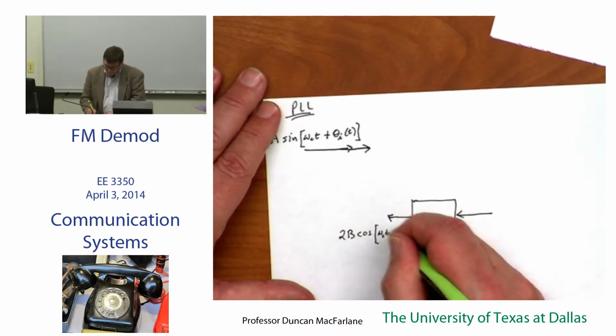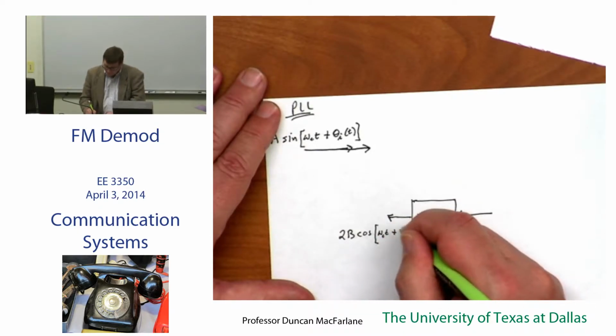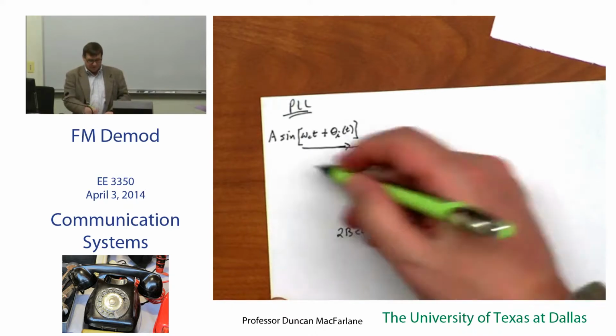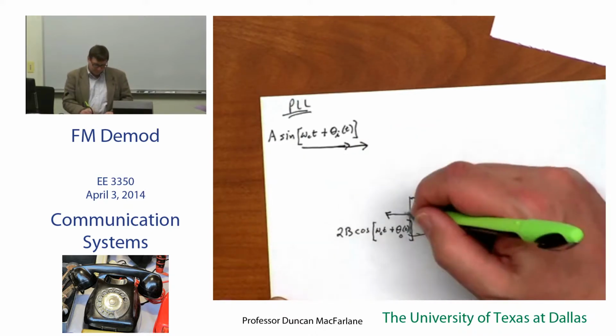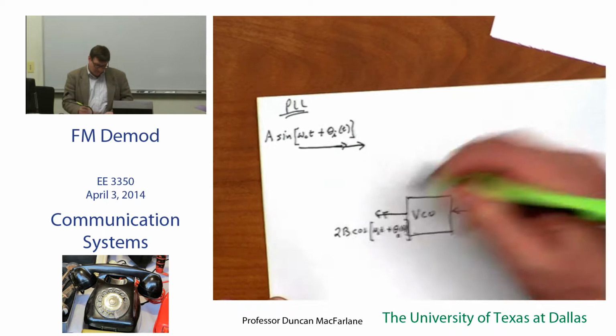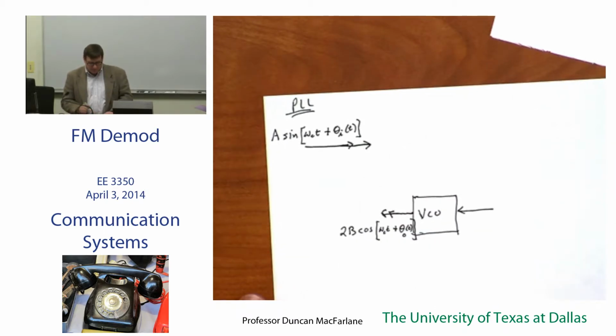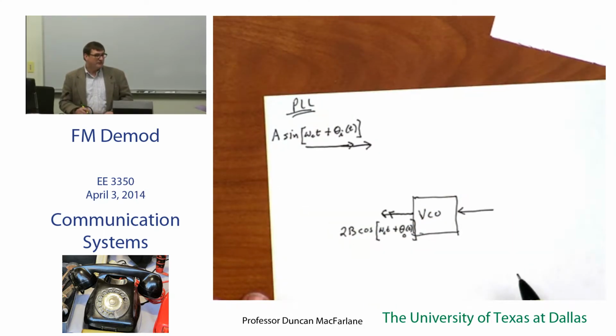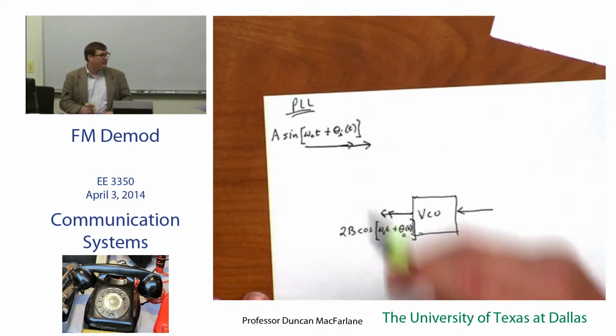And I'll have omega c t, and a plus theta output of t, just to contrast with the input of t. That's my message signal, the received signal coming in. So if the output of my VCO is of the form of a cosine of omega c t plus some time-varying phase shift, that isn't too far off what my input is. This is a sinusoid with a carrier frequency and a time-varying theta input.